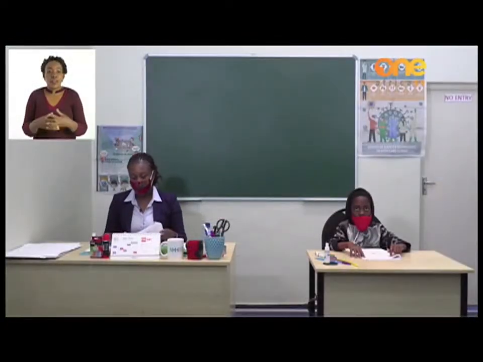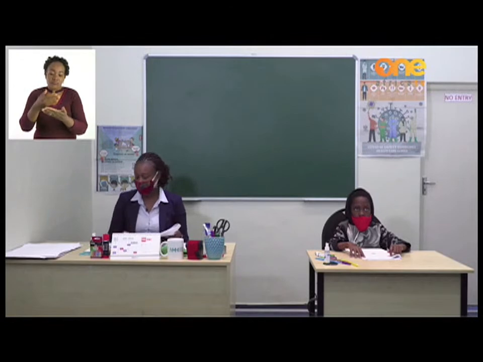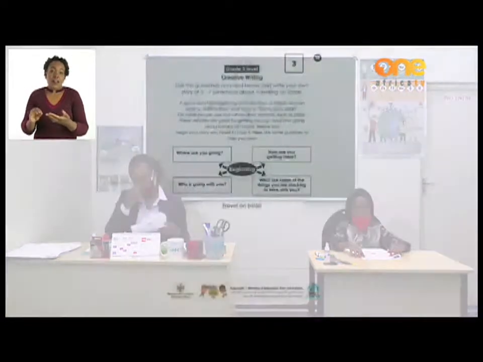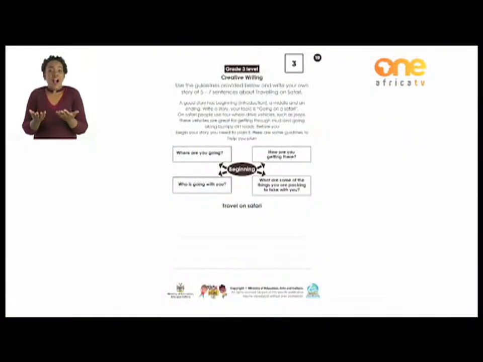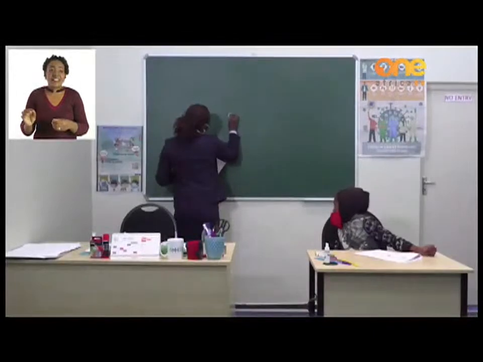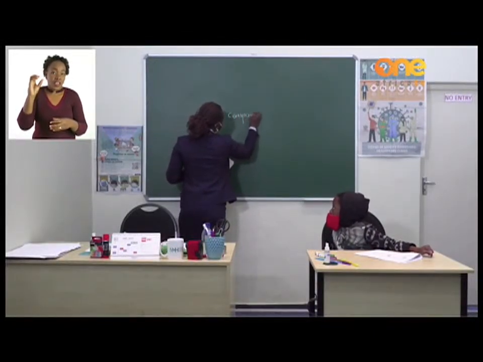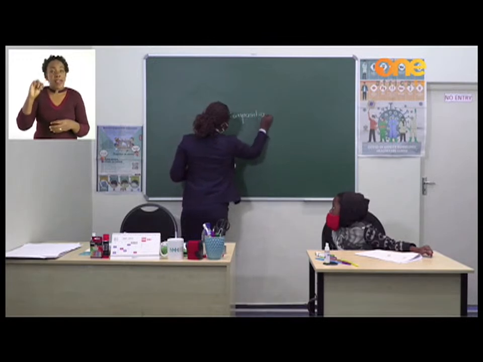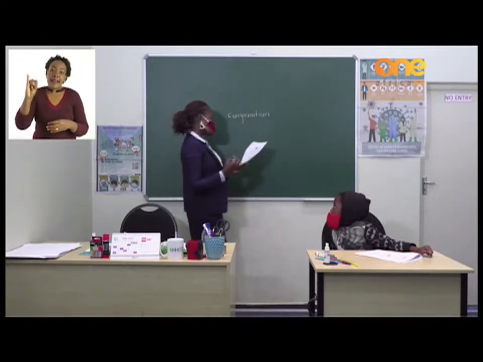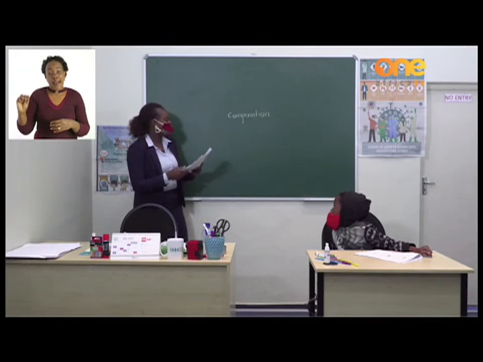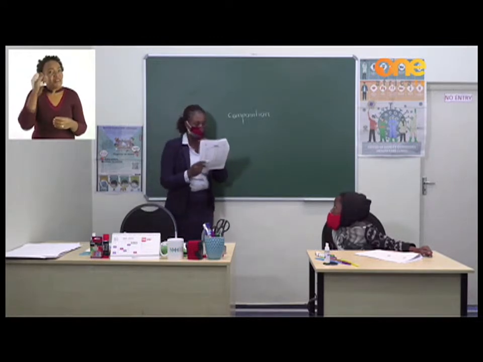Let's now move on to page 19, where we are going to learn about creative writing. Creative writing can also be called composition. I know it's new to you, grade 3s, but it's very interesting.